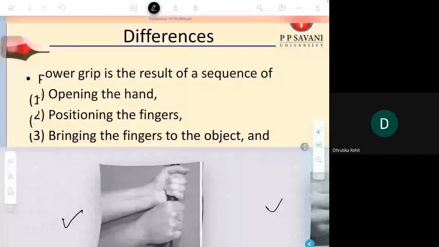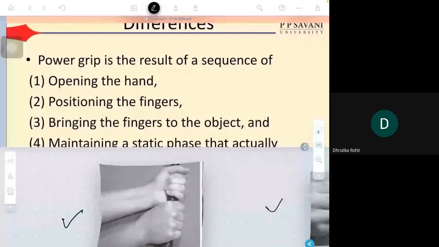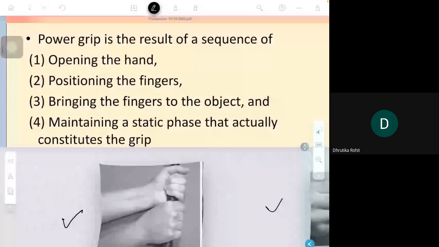Power grip has 4 sequences. First is opening the hand. See, in order to hold the object, first you have to open your hand. Clear? And second is positioning the fingers.